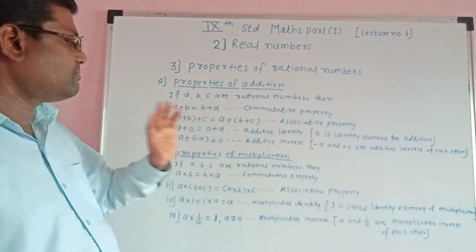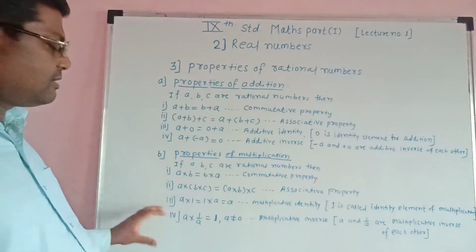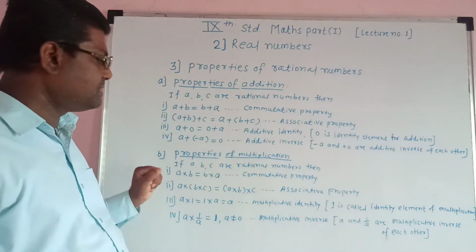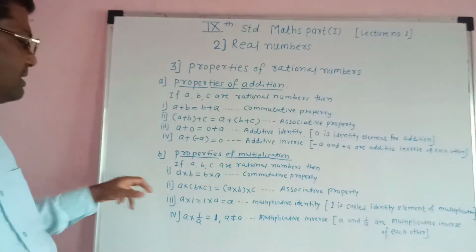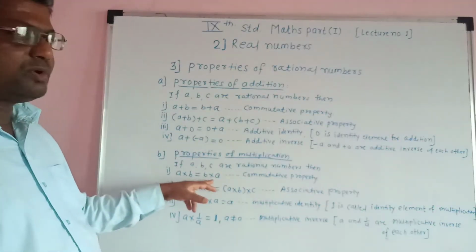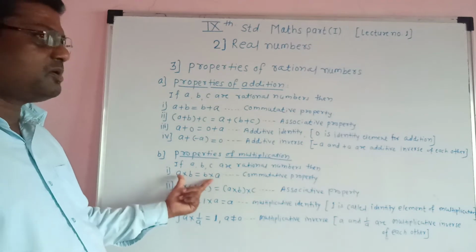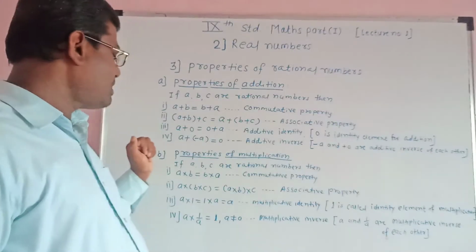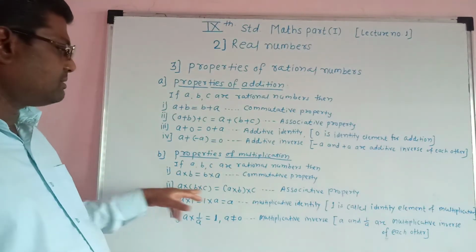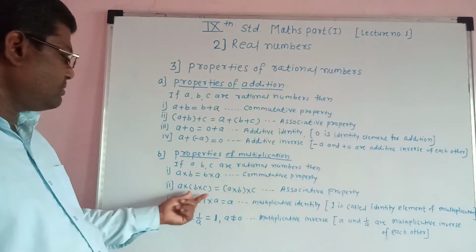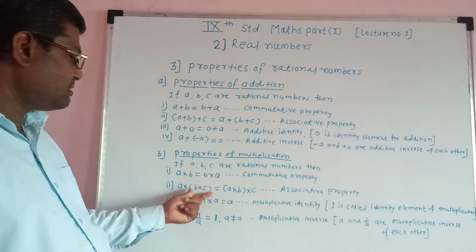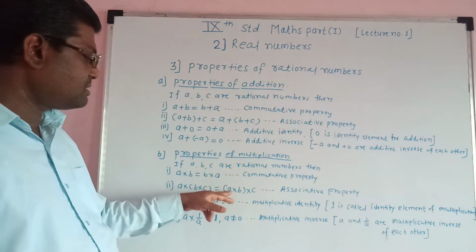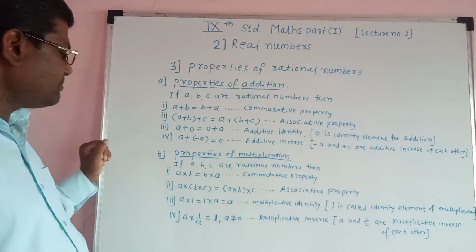Now properties of multiplication. There are also four properties. If a, b, c are rational numbers, then the commutative property is a into b is equal to b into a. So the order of multiplication of rational numbers is not important. And here the associative property: we have taken multiplication first b into c, and here taken multiplication first a into b.